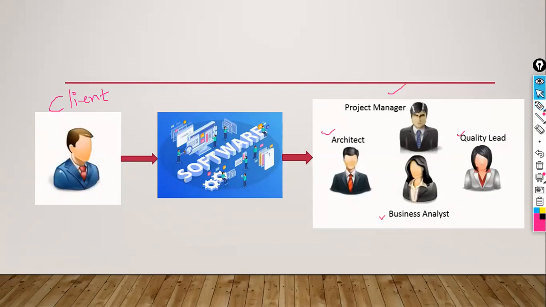Initially, as a first step, let's understand what the architect will do. The architect is going to understand the technical feasibility of the requirement. Let us say the client requirement is: I am trying to implement one application for my company so that I can sell my products there.